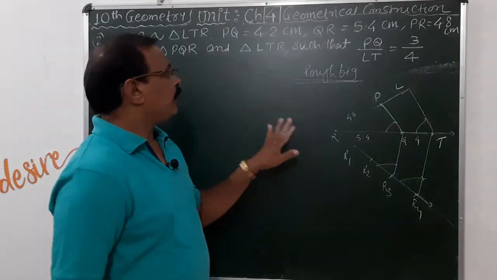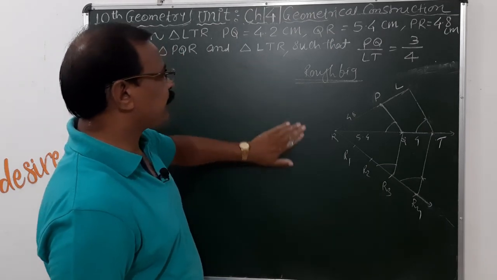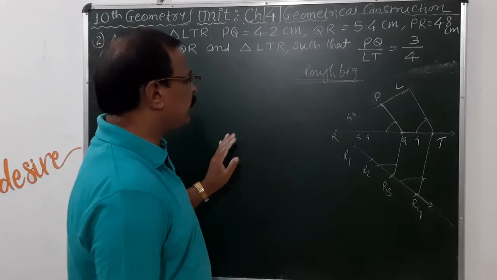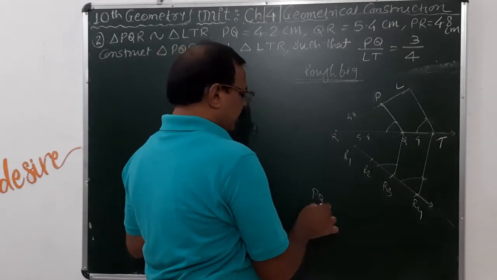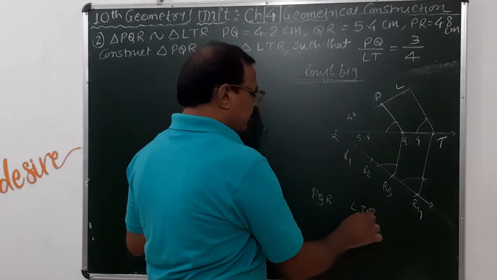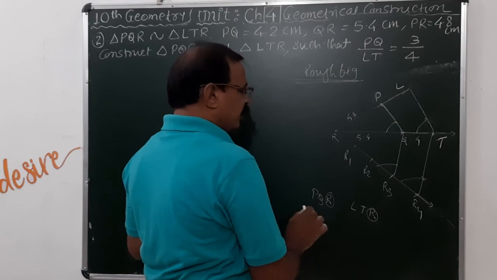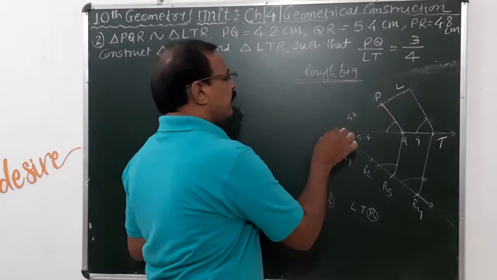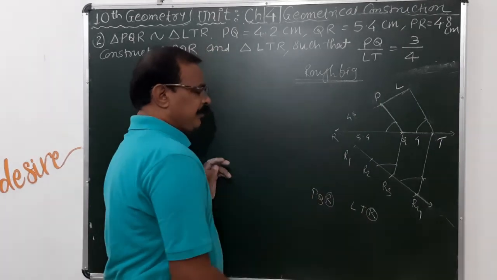So here we have to show triangle PQR and triangle LTR. In this triangle PQR and triangle LTR, this point R is common here, so we can draw a figure having vertex R as common.